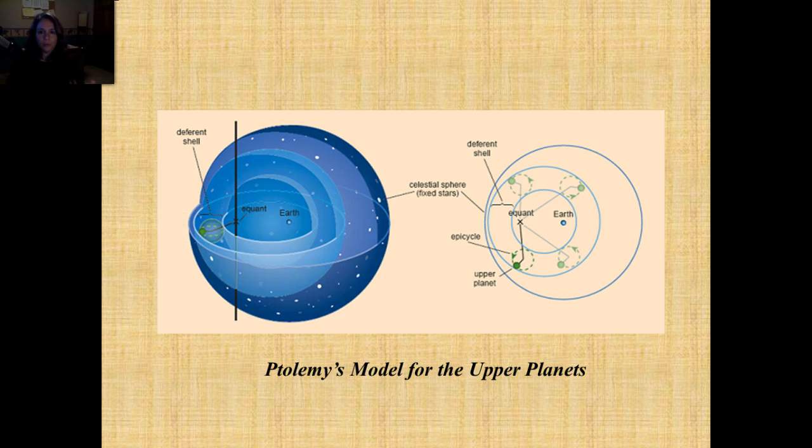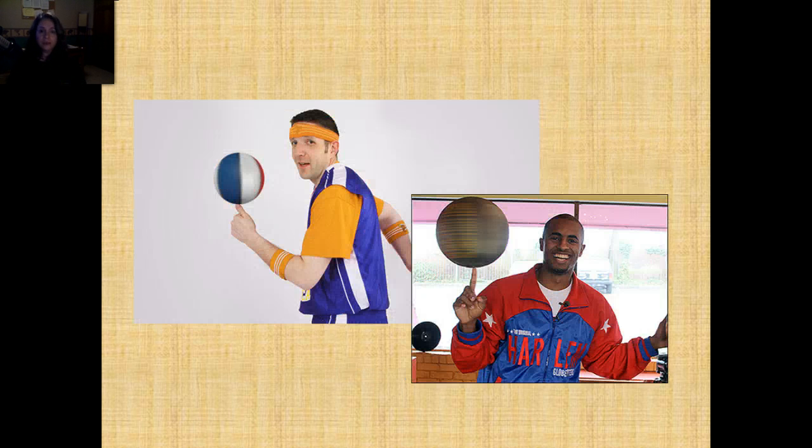Now you might say, well, what's wrong with that? Well, let's go to this next slide to illustrate. If you look at these two basketball players, they're both spinning the basketball, a sphere, right? They're both spinning these spheres.